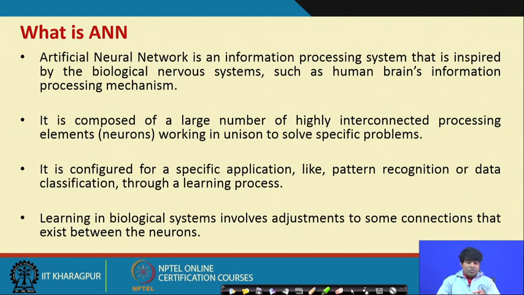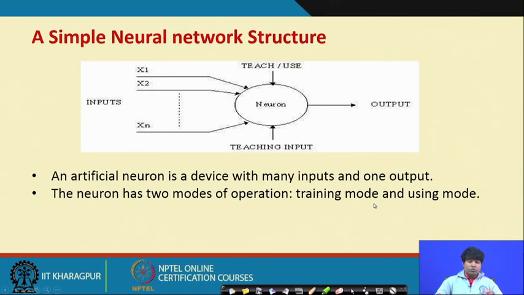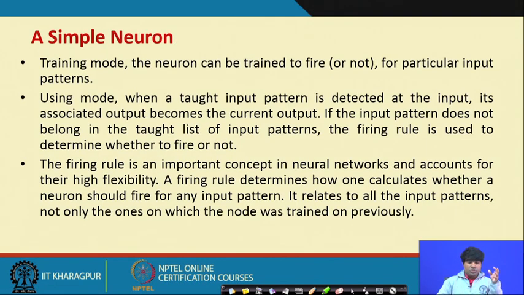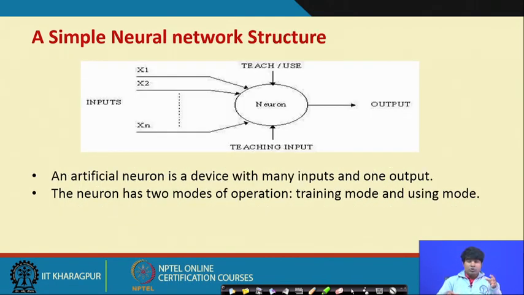It is composed of a large number of highly interconnected processing elements, technically called neurons, and the neurons are clustered and classified, and then they can be trained properly to develop a particular structure through which you can do output forecasting. So, this is a typical framework through which you can do the output forecasting with respect to the input availability, and the usual structure of a neural network is like this.